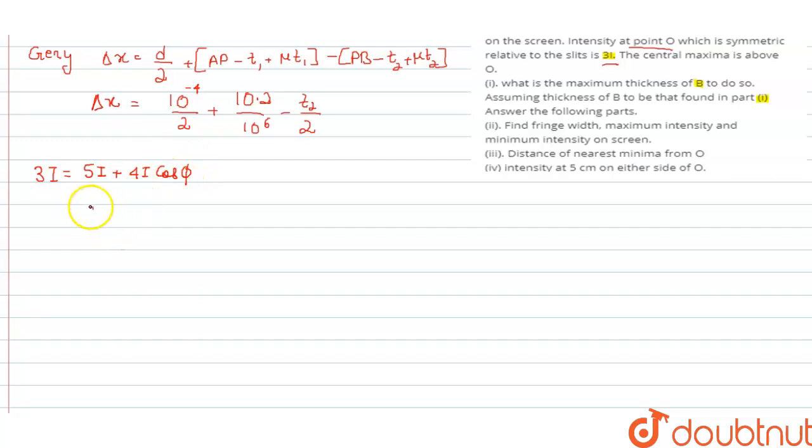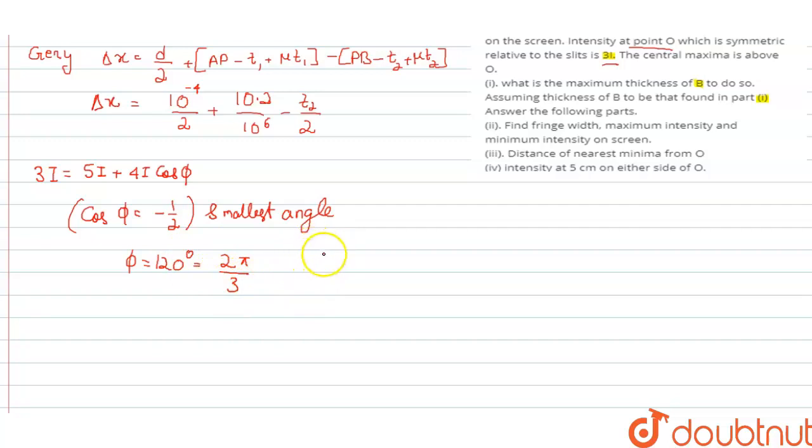And now when we solve, we get cos phi is equal to minus half. That means phi is the smallest angle, and phi comes out to be 120 degrees, which can be written as 2 pi upon 3.